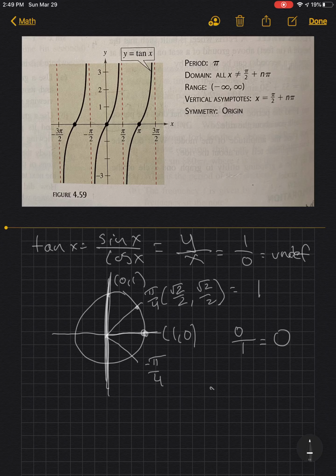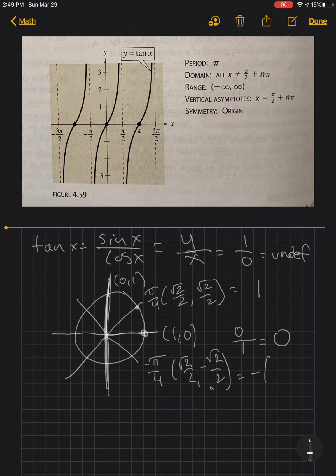So that at negative pi over 4, we have square root of 2 over 2, negative square root of 2 over 2. So when we divide that, that's negative 1. And again, every time we reach an odd multiple of pi over 4, we're either going to have values of 1 or negative 1. So that's why anything over 4 is going to be our key points, okay? And it's just going to keep repeating, okay?